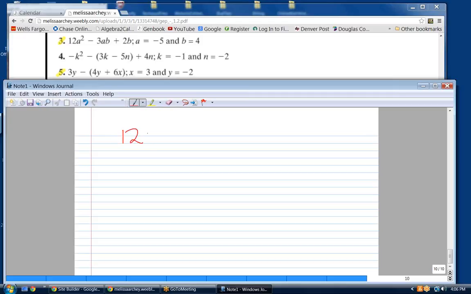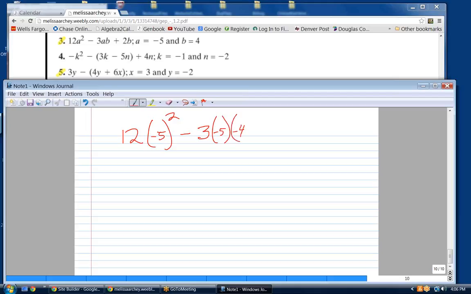Since we can't combine anything, it'd be 12 times -5 squared minus, and I think it helps to write the whole thing out before you do any math. So then minus 3 times -5 times -4.